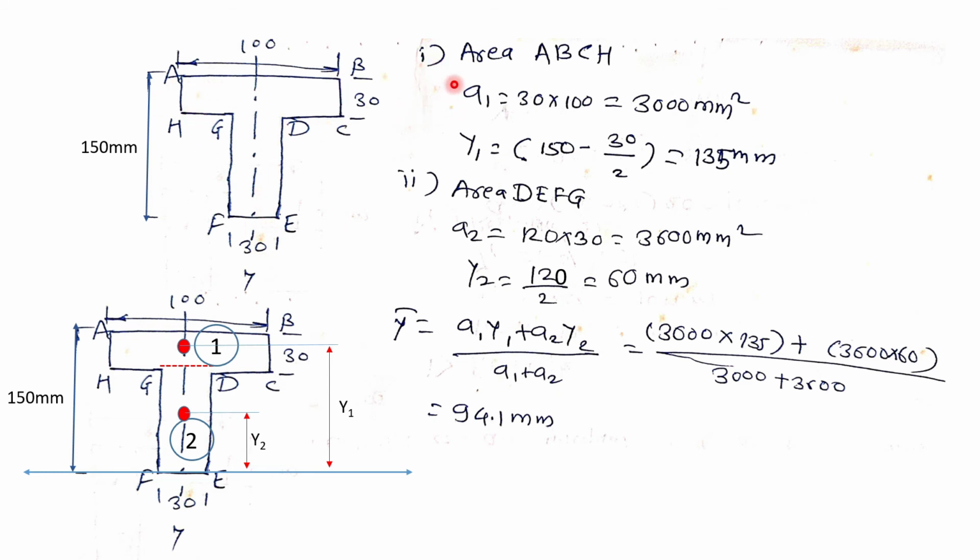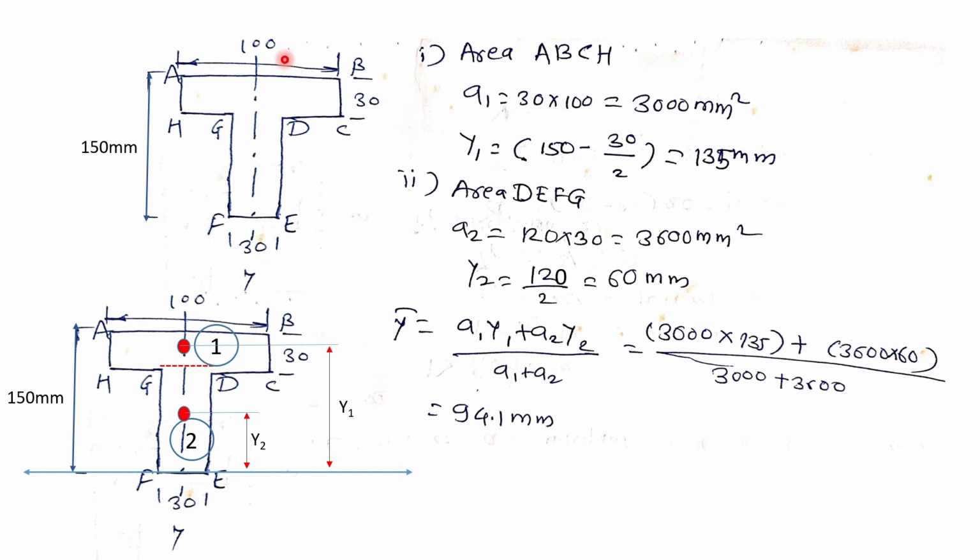Now when we consider this whole figure, we get a T section. But when we draw a horizontal line through it, we get two different parts, that is two rectangles, rectangle 1 and rectangle 2. When we consider those rectangles separately, we get the CG of each very easily, because it is a simple plain rectangle, and we can locate the CG by taking half of both its sides.